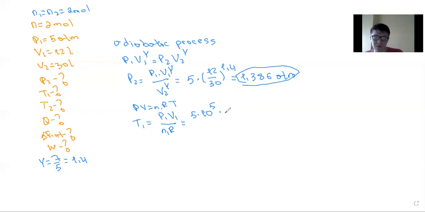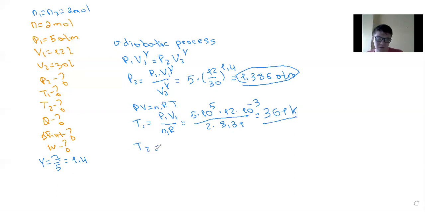V1 we should change to cubic meters: 12 multiplied by 10 to the power of -3, divided by 2 and 8.31. So T1 will be equal to 361 kelvins. This is the initial temperature.